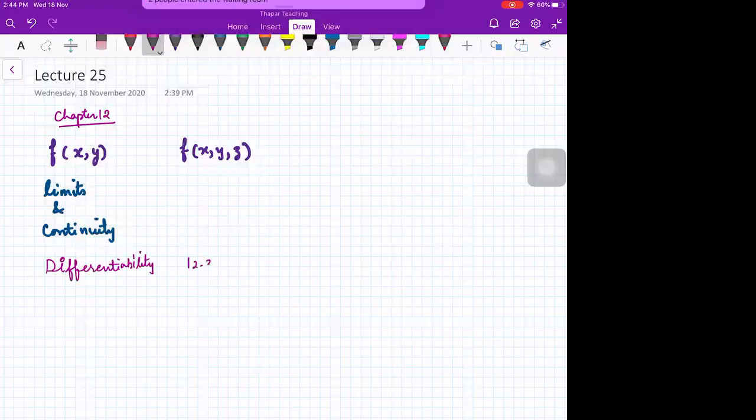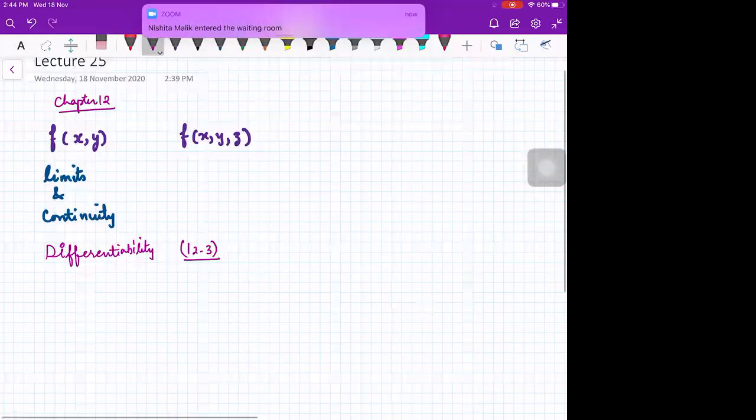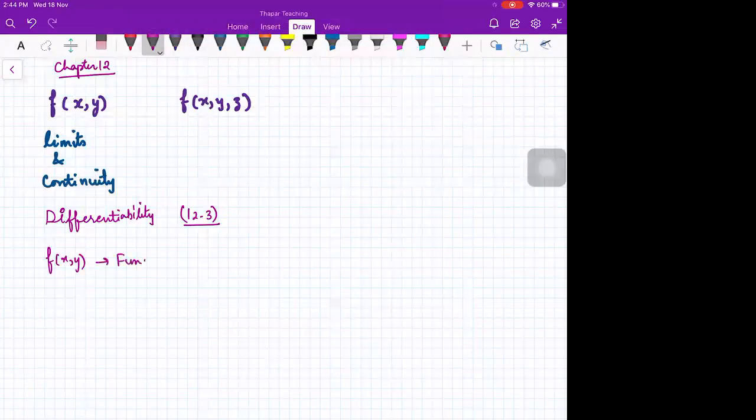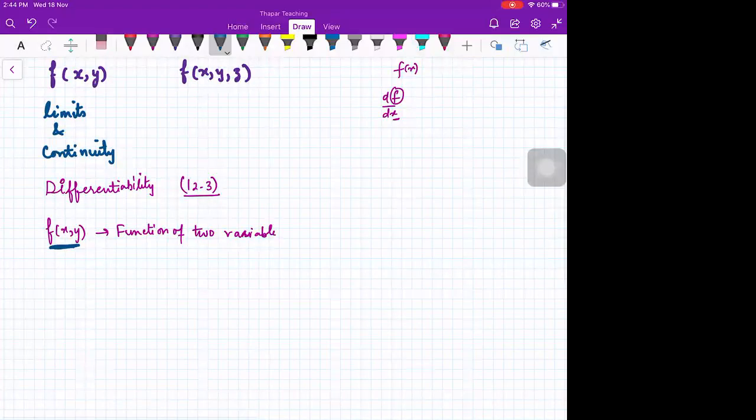Right, so we are going to start exercise 12.3. Suppose you have a function f(x,y), a function of two variables. Now you know that if you have a function of one variable, then the derivative means the rate of change of f with respect to x. Here you have a function of two variables, so your function depends on x as well as on y.